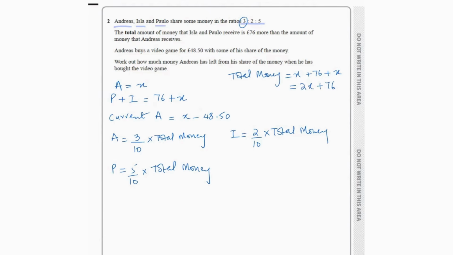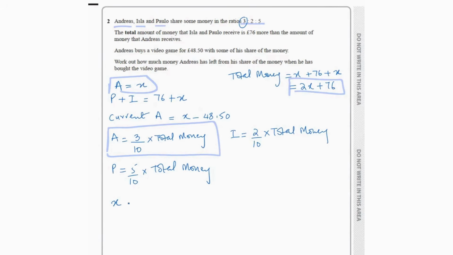Now to figure out how much he has left, we can use Andreas' initial share, which is x, and his equation, and all these three things to figure out the value of x. Once we have that, we can subtract 48.50 from that to get how much money he has left.